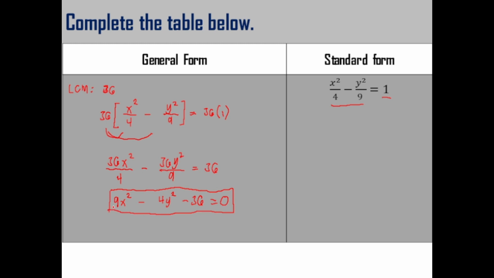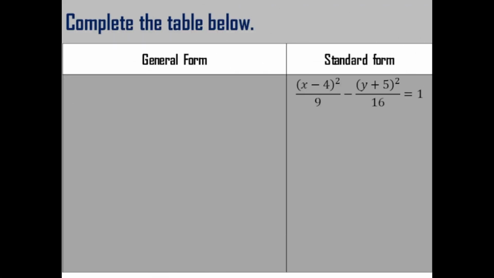Example number 2: (x minus 4) squared over 9 minus (y plus 5) squared over 16 is equal to 1. The same process as the previous equation. First step, get the LCM of this equation.